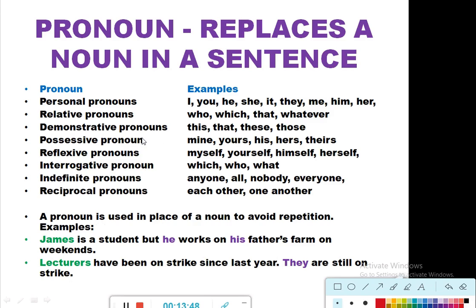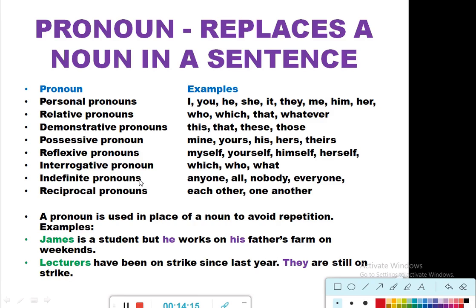Then we have possessive pronouns: mine, yours, his, hers, and theirs. We have reflexive pronouns: myself, yourself, himself, herself, and so on. Interrogative pronouns are used in asking questions: which, who, what.